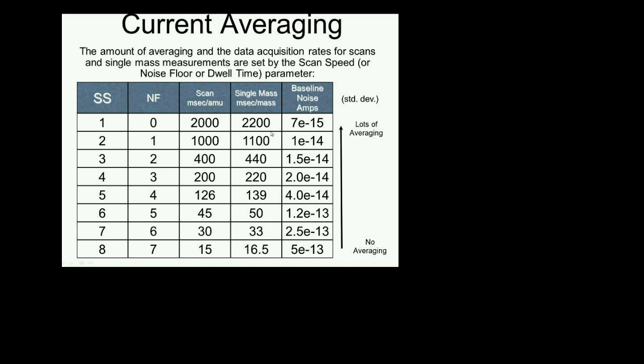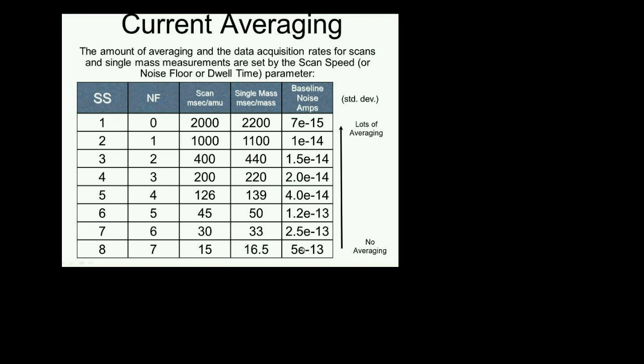And this table on this page shows you essentially what the scan speed is, what the single mass measurement time is, and what the baseline noise is for the electrometer at each scan speed setting, which is essentially a dwell time setting, the amount of averaging.